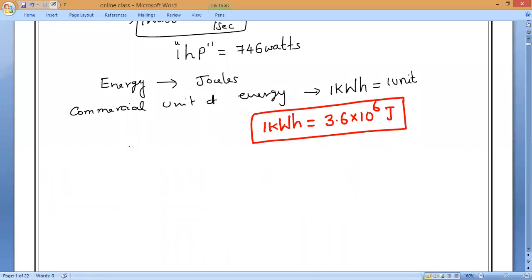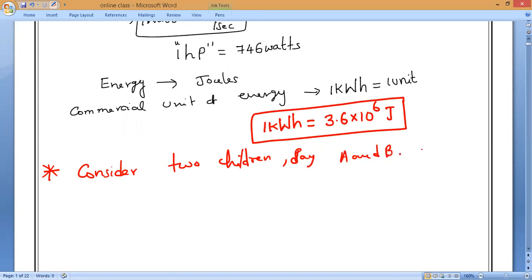Now, the first question which we are going to solve in today's class. Consider two children, it's like an activity. Two children, say A and B. Let us say their weights are the same.